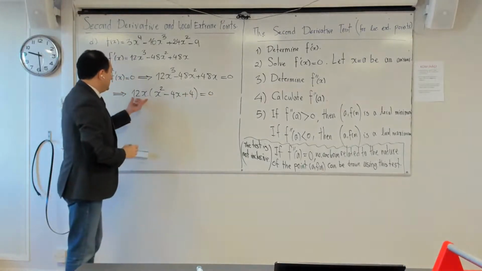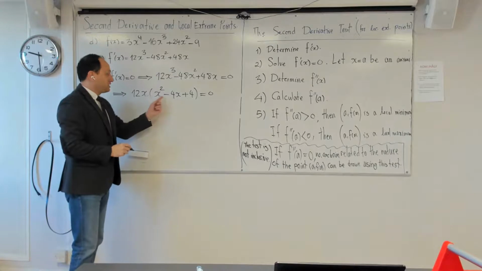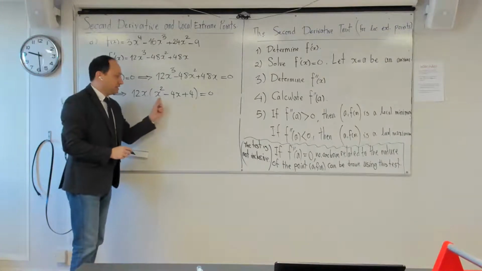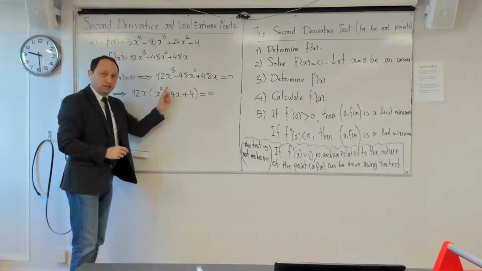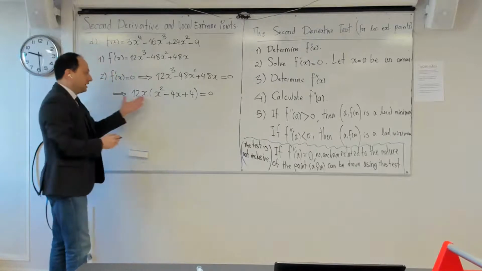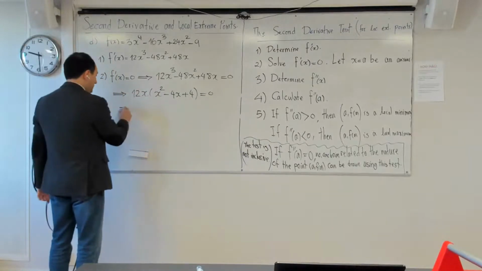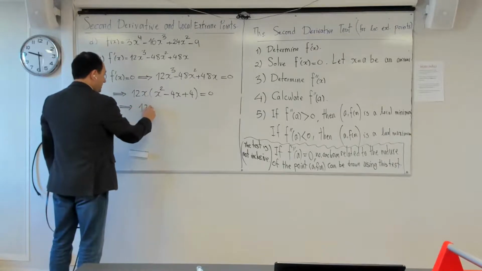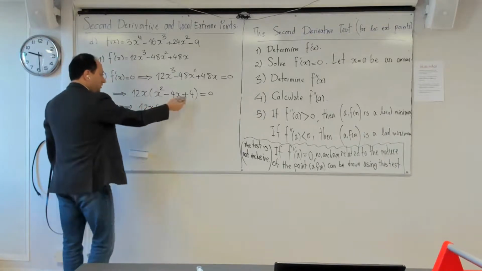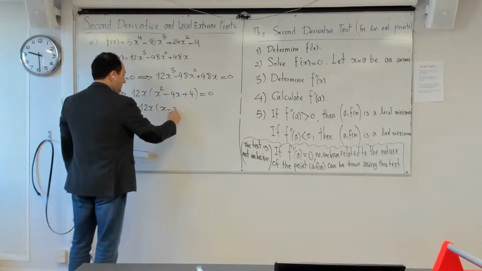Of course, either this one is 0 or that one is 0, but I hope that you can also detect the pattern here. This is a complete square. If you don't detect it, you can use PQ formula or ABC formula. It will give you the correct answer. But at this stage, I think in the second grade, you should be very good in detecting this pattern.